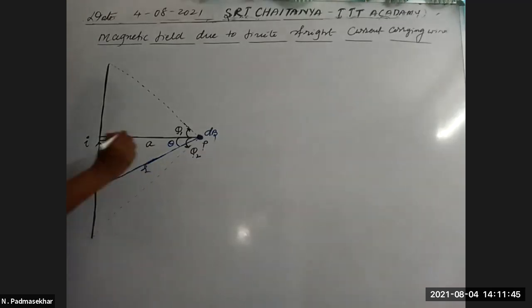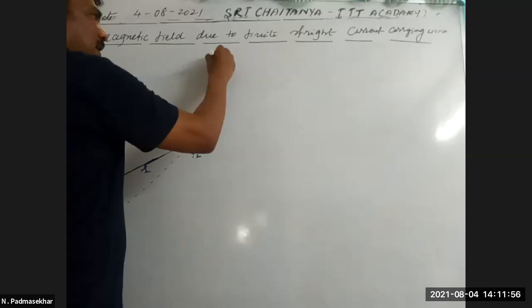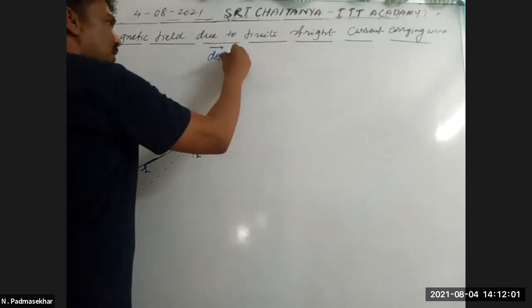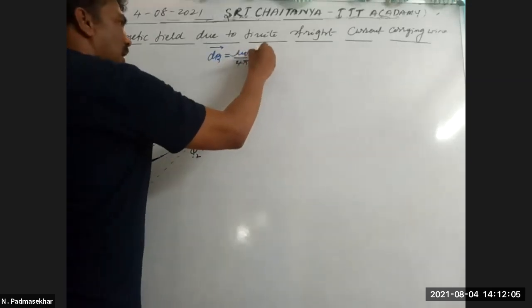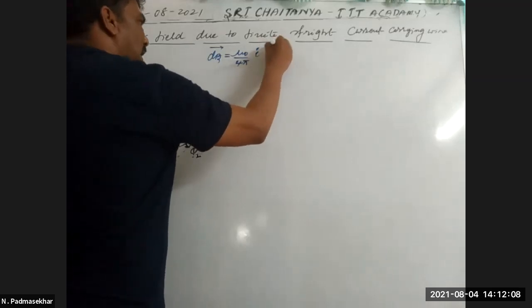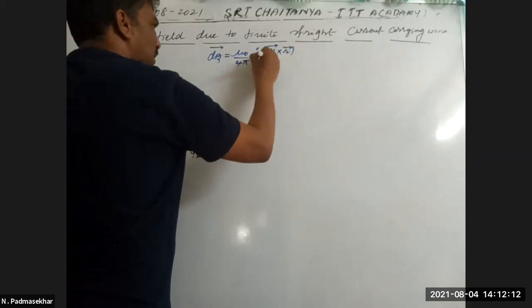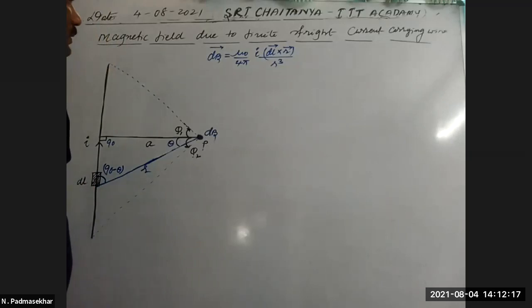The distance is R. According to Biot-Savart's law, the vector form, as I taught yesterday, is dB bar equals mu naught by 4 pi, I dl bar cross R bar by R cube. This is the vector form.